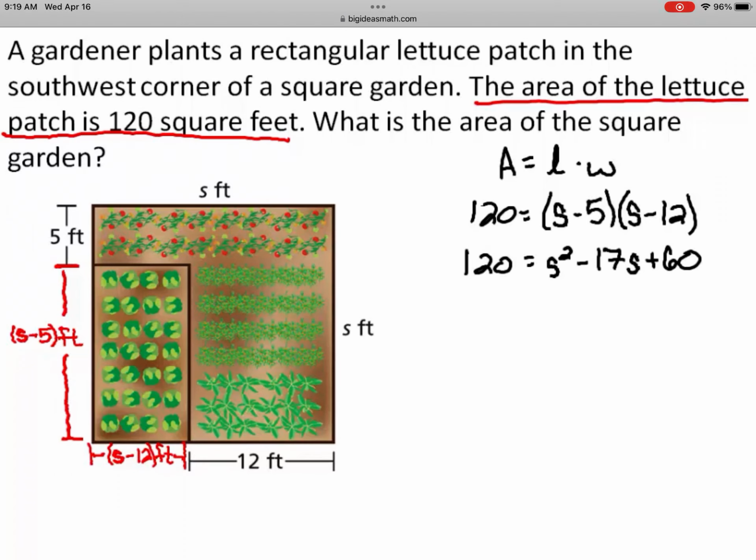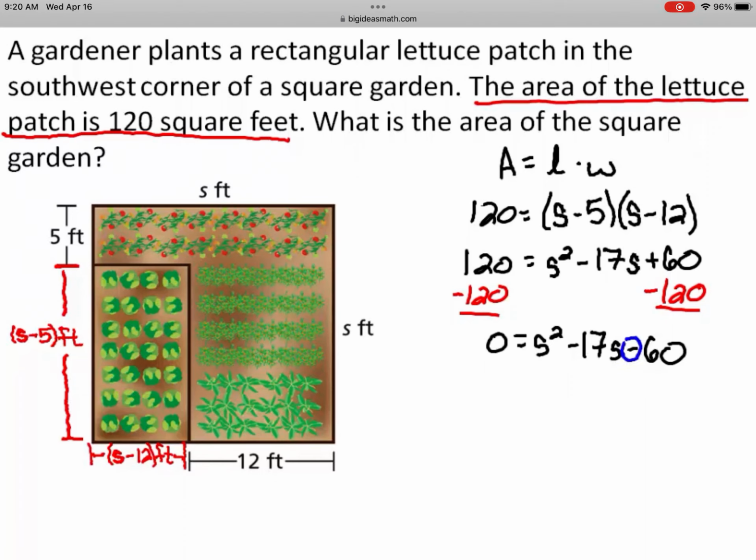Now you want to rewrite the equation so that 0 is on one side by subtracting 120 from each side, giving you 0 equals s squared minus 17s minus 60. S squared minus 17s minus 60 is of the form s squared plus bs plus c.